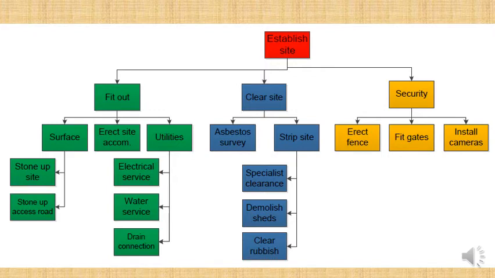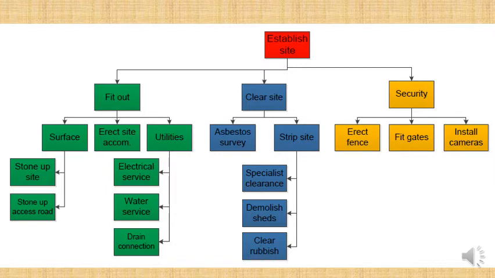With the fit out, we had to establish the surface, so that was actually preparing the ground, building a subgrade, and then also we asphalted a large portion of it to create a car park. And then there was the erection of the site accommodation, so we brought in temporary porta cabins or portable living quarters for the workers.